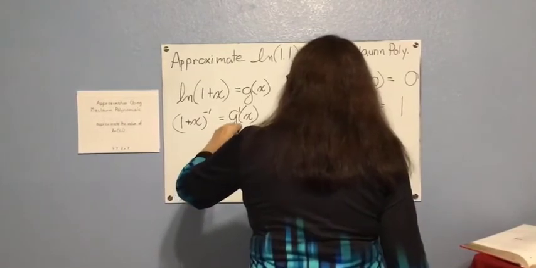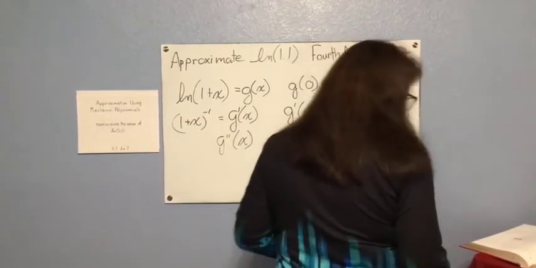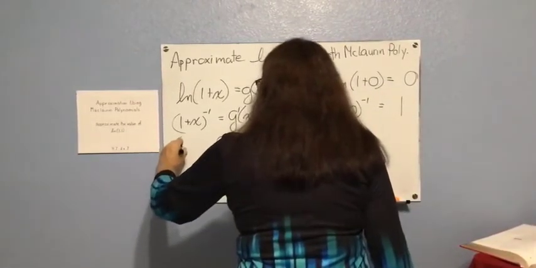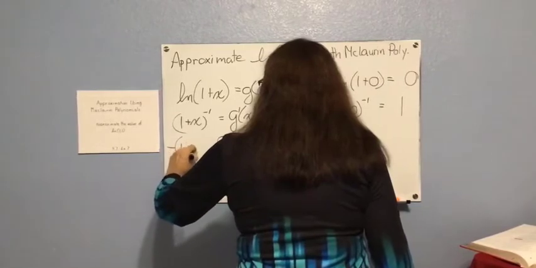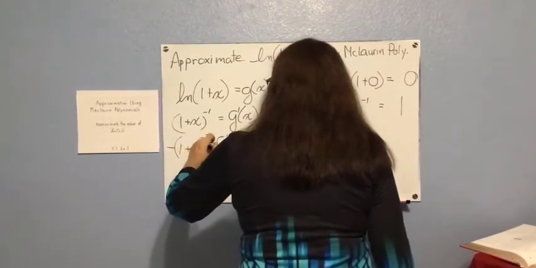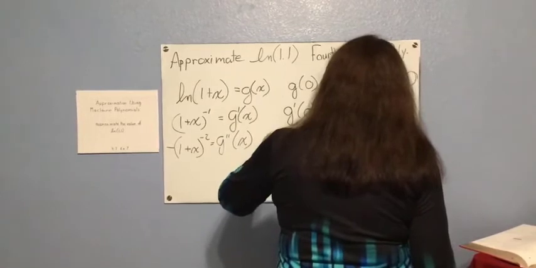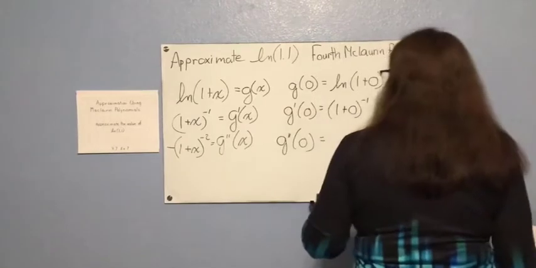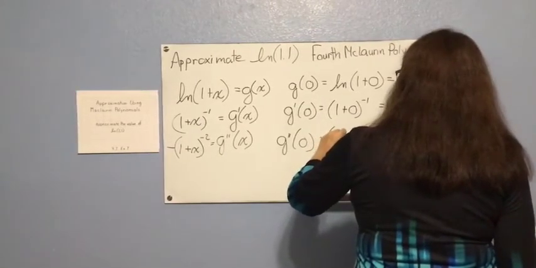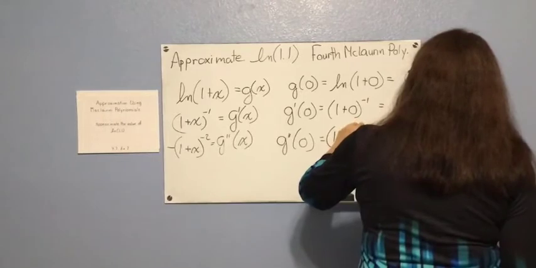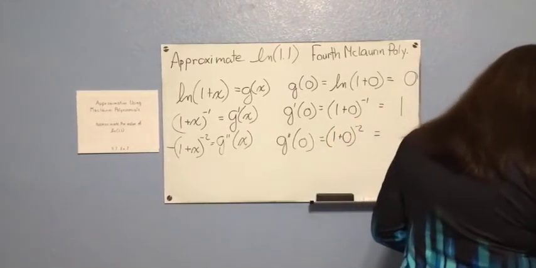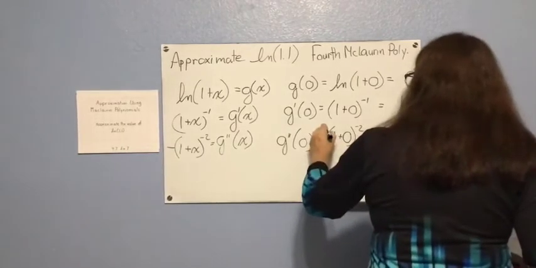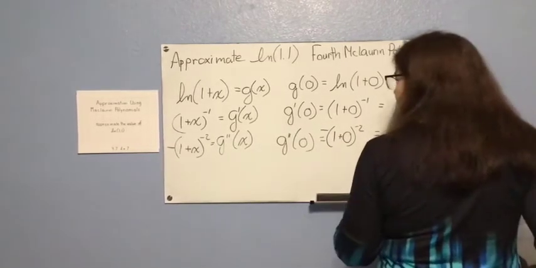Second derivative of this function is negative 1 plus x to the minus 2, and the value at 0 would be negative 1 plus 0 to the negative 2.